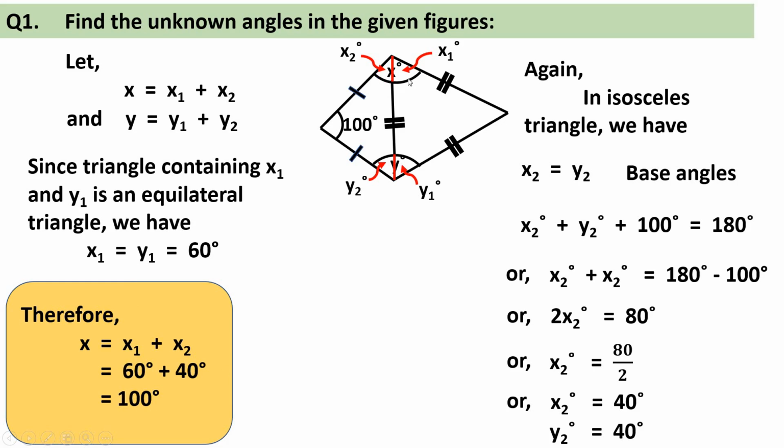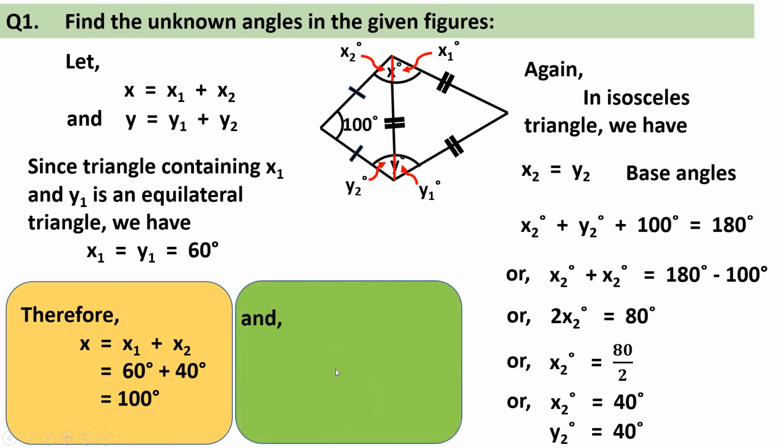Therefore the value of x given in the figure is 100 degrees. And how much is y? We have taken y as y1 plus y2. Substituting, y1 60 degrees plus y2 40 degrees is also equal to 100 degrees. Therefore the values of x and y given in the figure are both 100 degrees respectively.